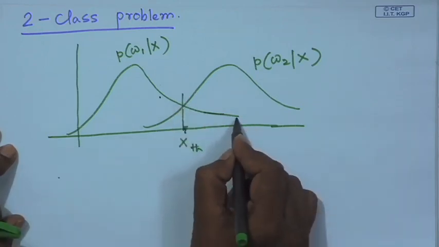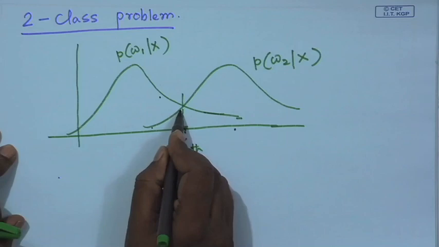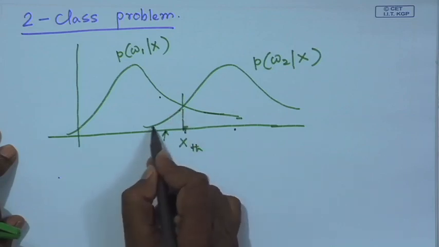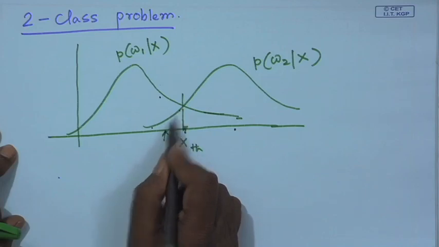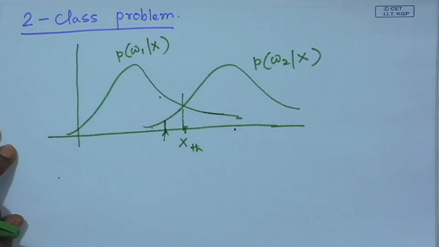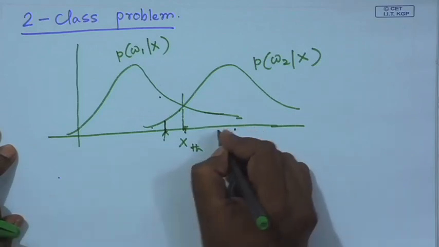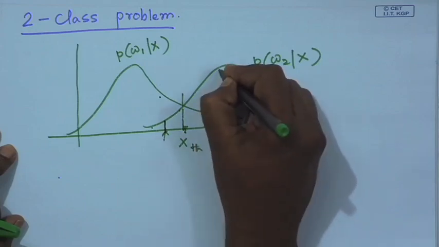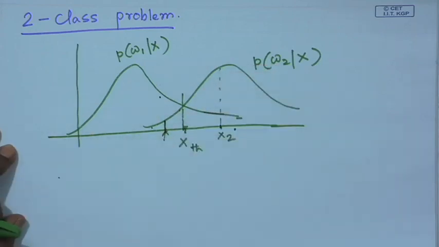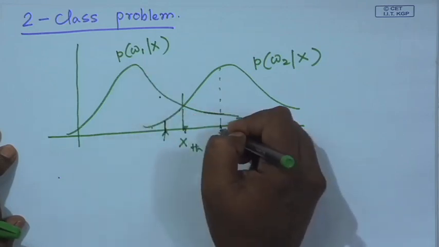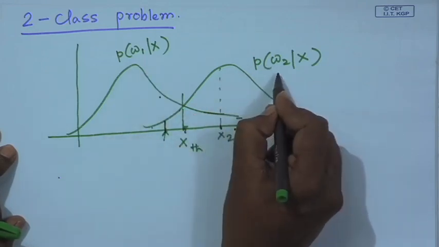And while doing this, because there is a finite probability that x over here may belong to class omega 2, I have an error which is given by this amount. Similarly, when feature vector x 2 falls on this side, because P of omega 2 given x 2 is more than P of omega 1 given x 2, I decide that this feature vector belongs to class omega 2.